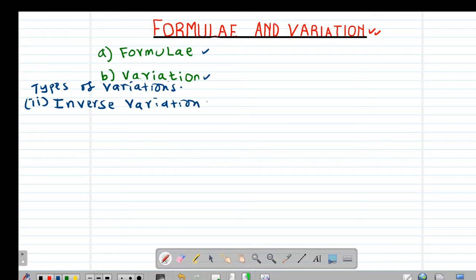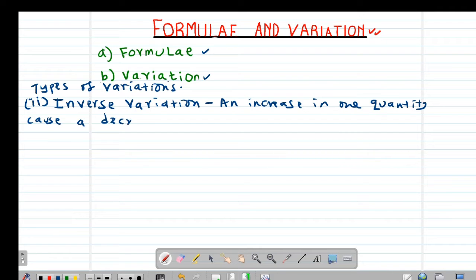This is a type of variation whereby an increase in one quantity leads to or causes a decrease in another quantity.